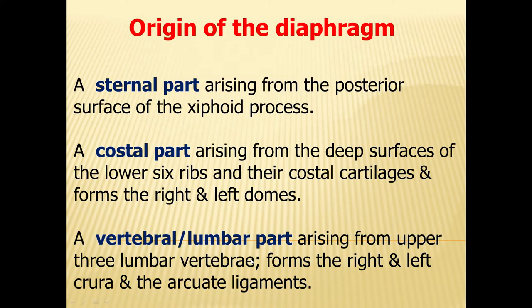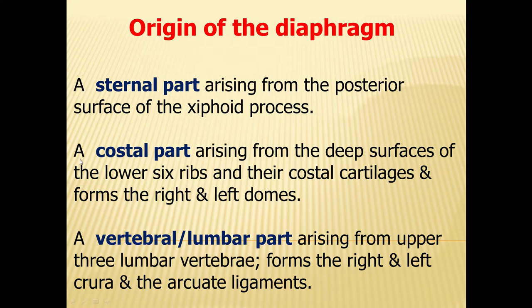Let's study the origin of the diaphragm. Diaphragm has three parts: a sternal part, a costal part, and a vertebral part, which is also known as the lumbar part. The sternal part arises from the posterior surface of the xiphoid process.